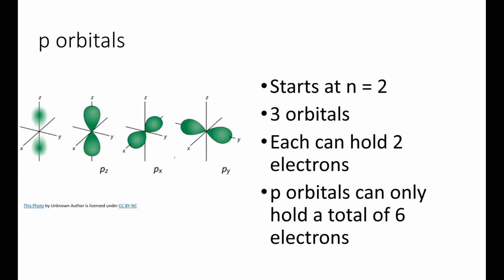There's 3 different possibilities for p orbitals. It's not too important the exact shapes here, but each of these p orbitals could hold 2 electrons. But since there's 3 different options, at the p level you can have electrons in each of these suborbitals. So the p orbitals can hold a total of 6 electrons.